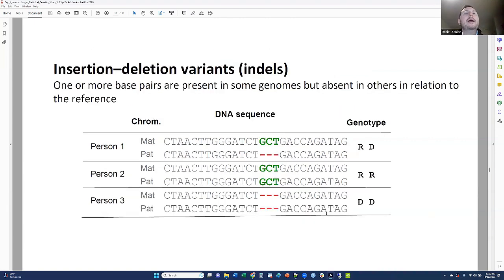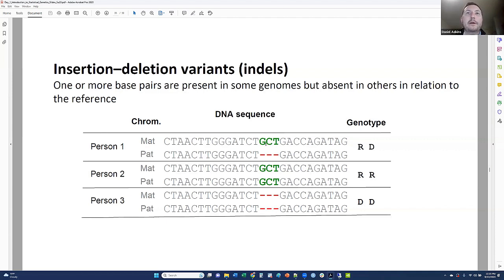Okay, and then here we have a slide describing indels. Remember, indels are our second type of sequence variation, and these are at a given locus. You either have the insertion or you do not, or you could look at it from the other side.